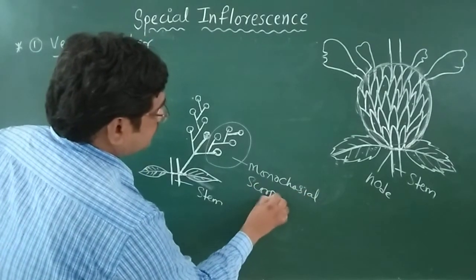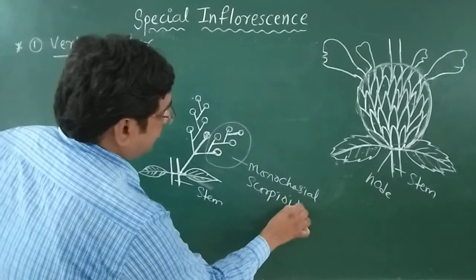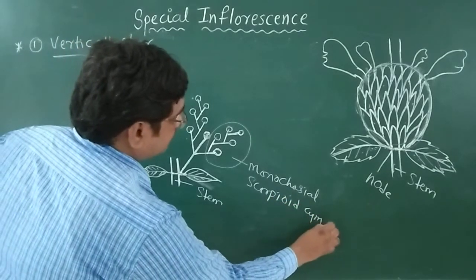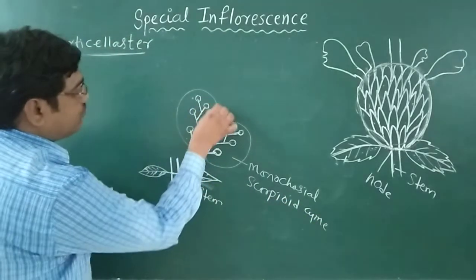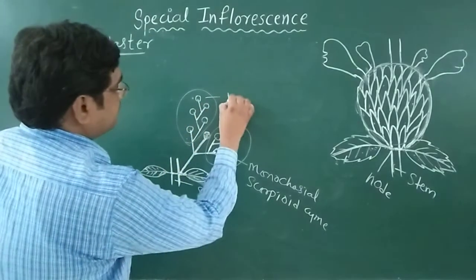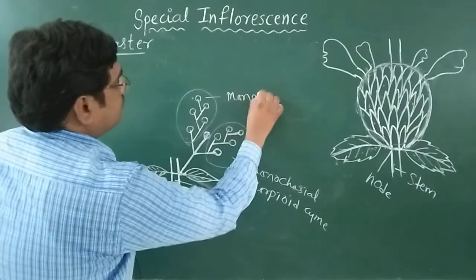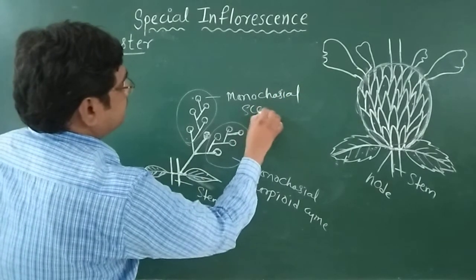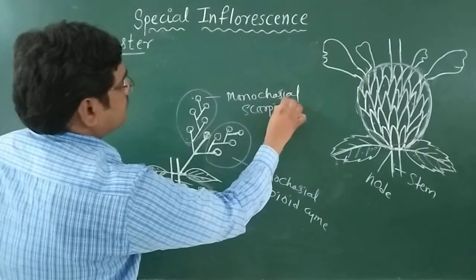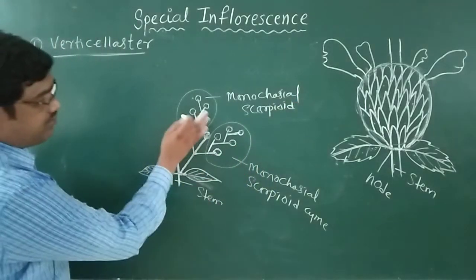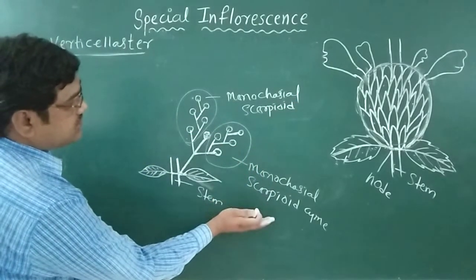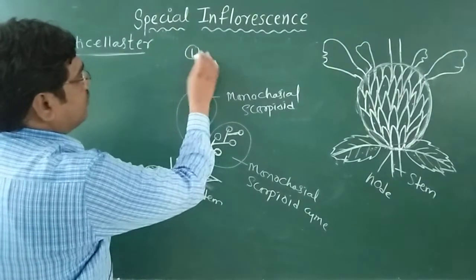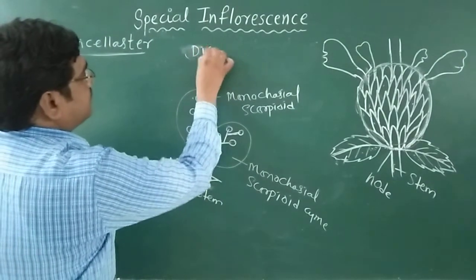So this is one monochasial scorpioid cyme, and this is another monochasial scorpioid cyme. So from this side, one dichasial cyme.